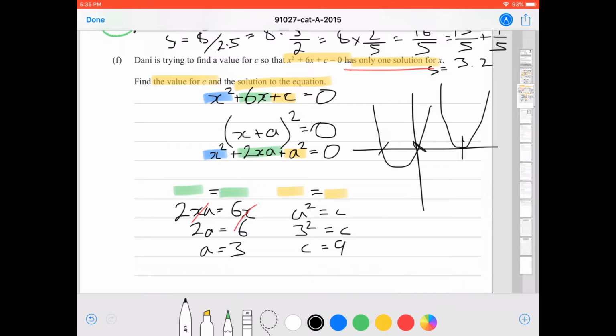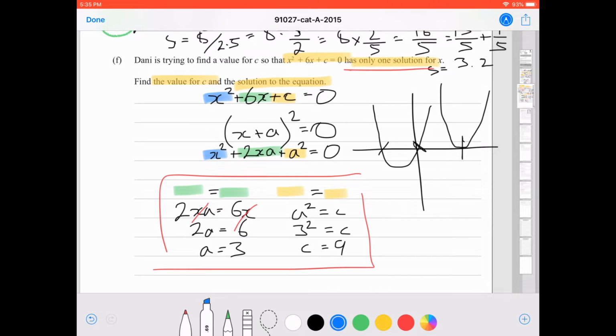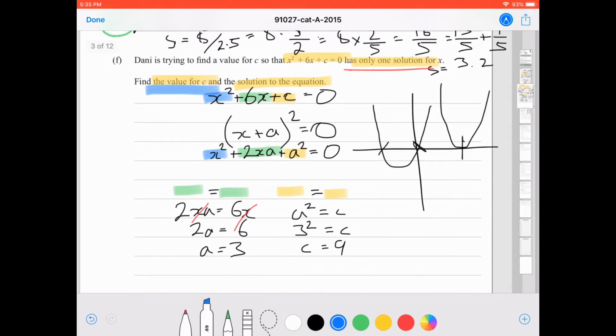And we can say that all of this theory here is true with our x plus a all squared theoretical factorized quadratic for one solution. Okay, at this point, we have our value for c, and we're looking for the solution to the equation.